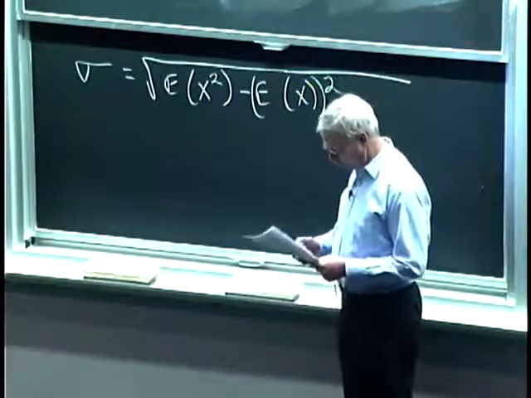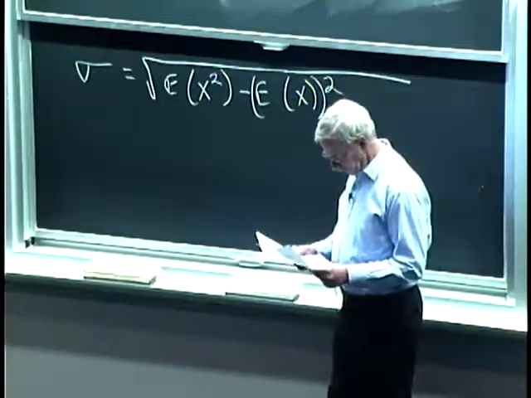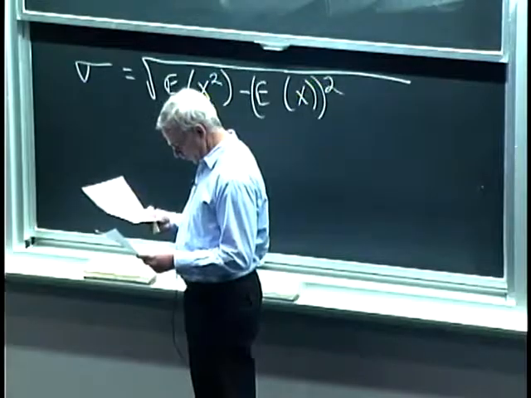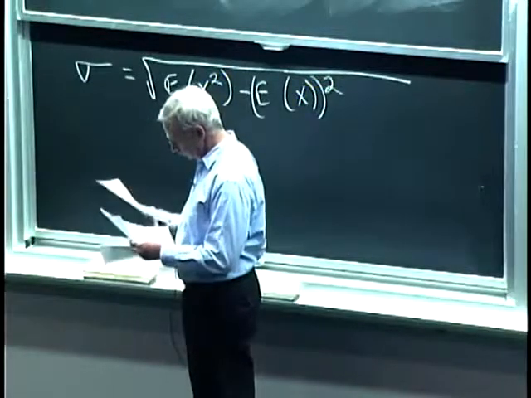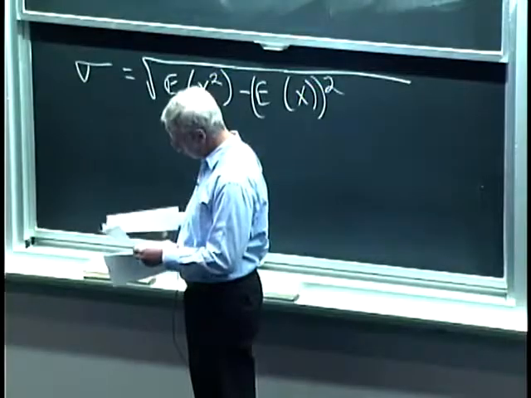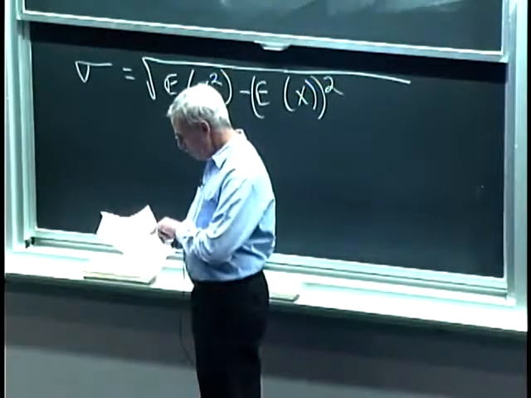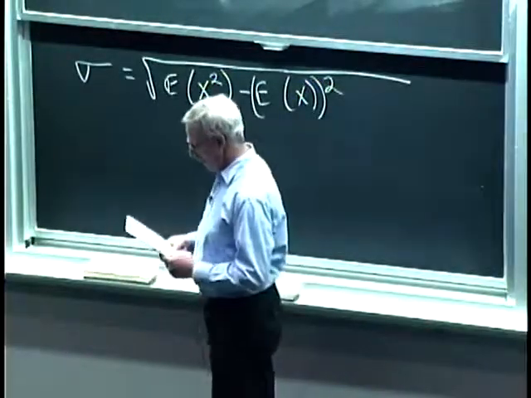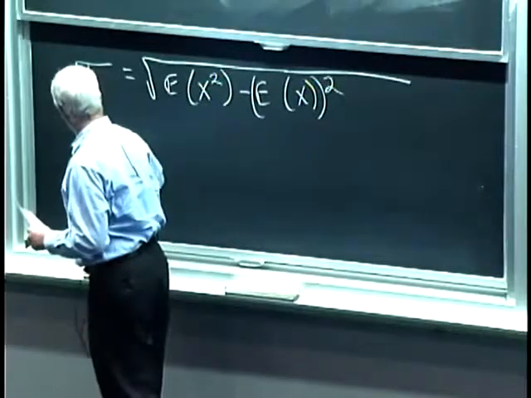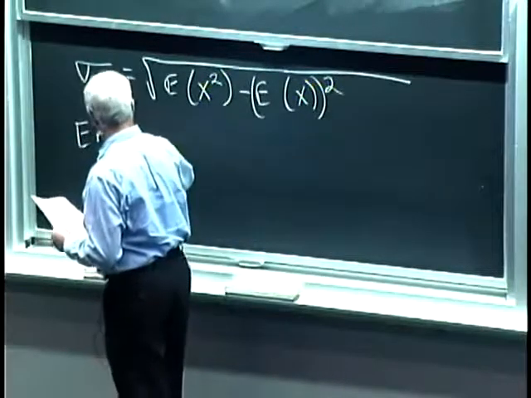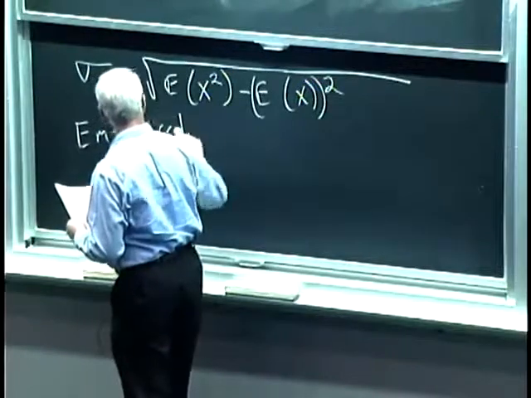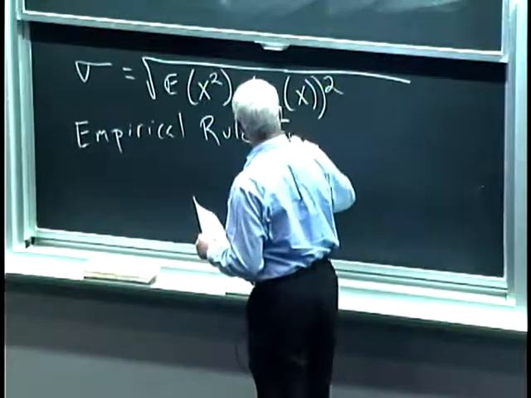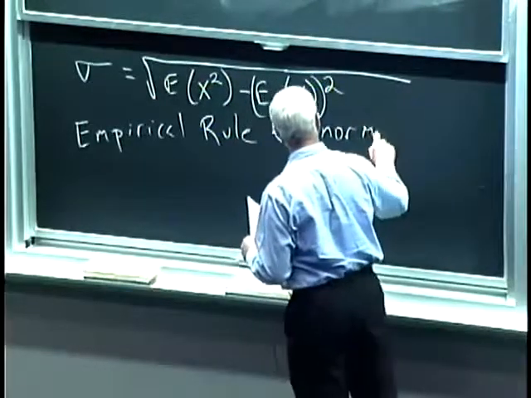What's more important than this formula for most uses is what people think of as the, why didn't I write it down? Uh-oh. This is interesting. I see why. I did write it down. It just got printed on two-sided. Is the empirical rule. And this applies for normal distributions.